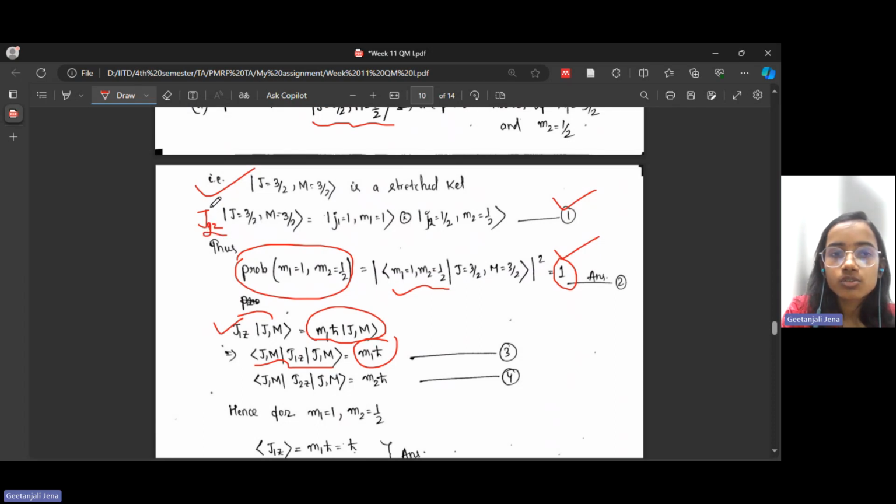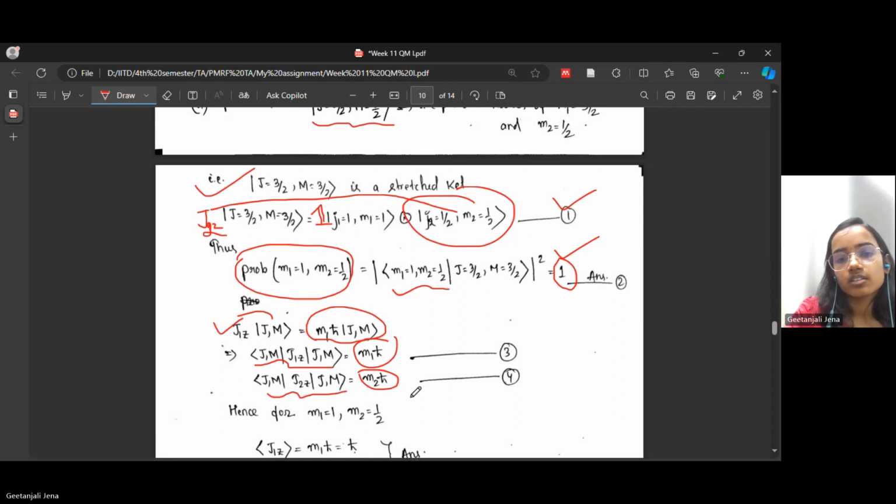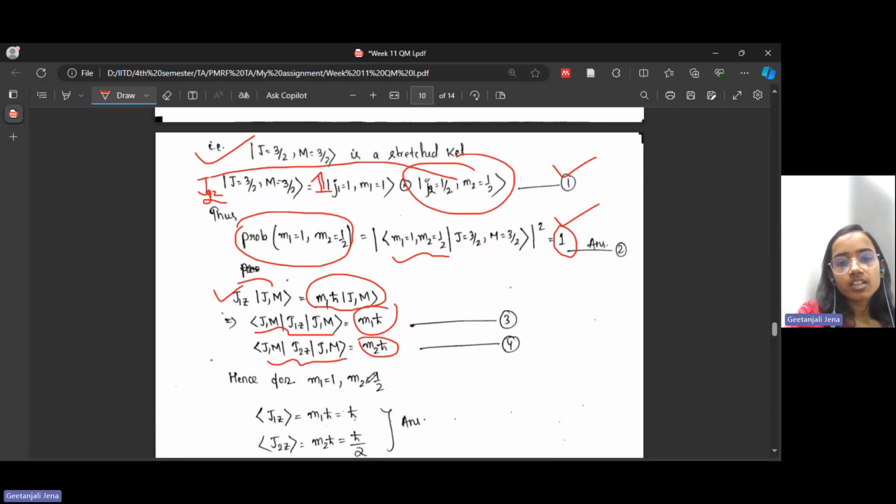what will it do? It acts as an identity on the first state and directly acts on the second state. So you will get M2 h-bar. If you take the bra of this with J2Z, you will get M2 h-bar. So the expectation value of J1Z is M1 h-bar, and M1 is already given, which is 1.